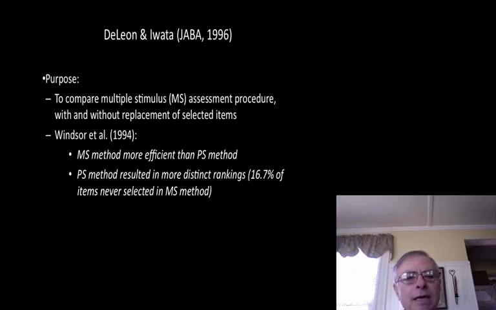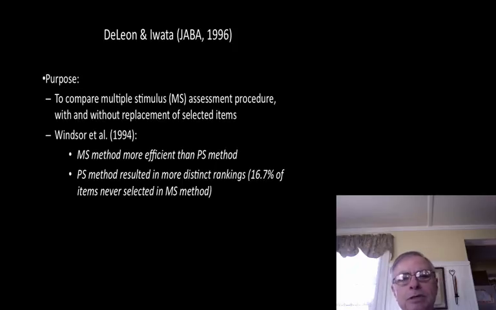But basically what they say is the multiple stimulus method is more efficient than paired, because you're using more than one thing at the same time, and that the paired stimulus method resulted in more distinct rankings. 16.7% of items were never selected in a multiple stimulus method. I think there's pluses and minuses. Personally, I like paired stimulus better than single stimulus.